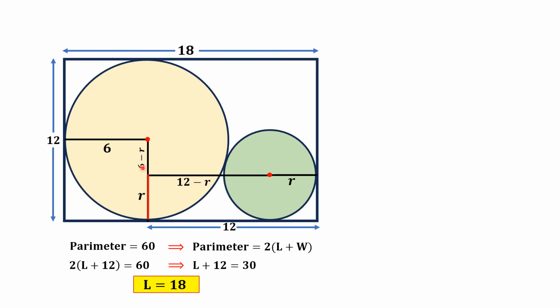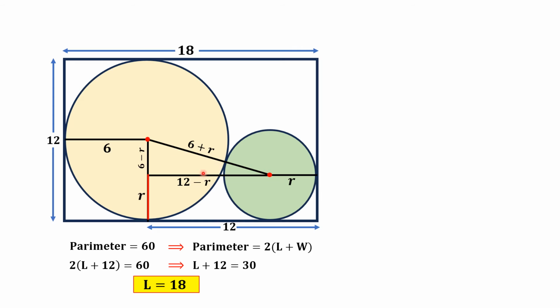Now if we join the centers of both circles, we know that the centers of the circles and their point of tangency are always collinear. So this length is equal to the sum of two radii, which are 6 and r.